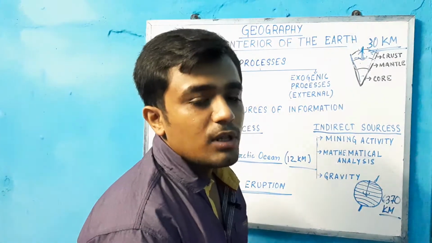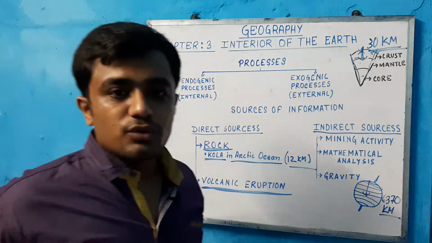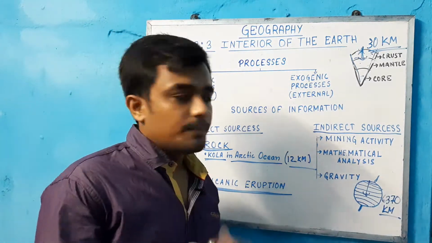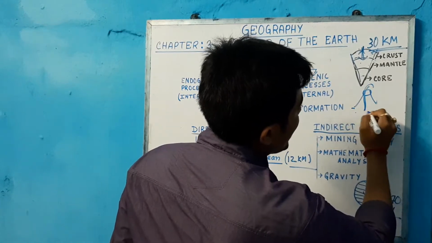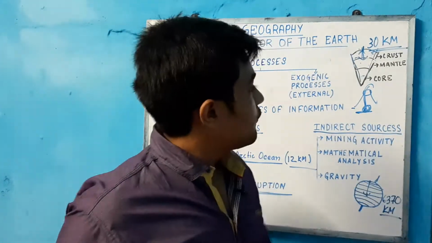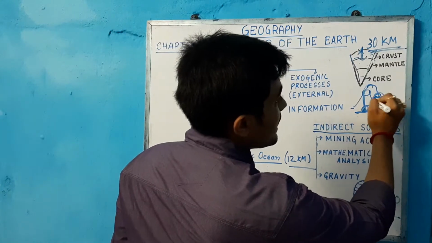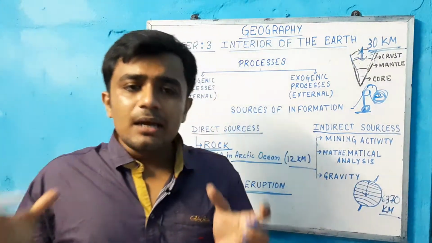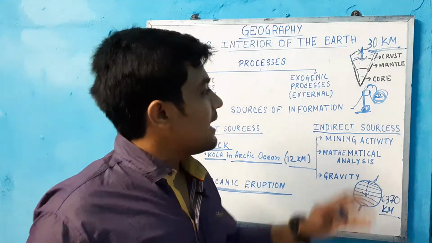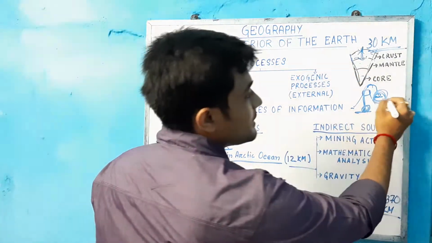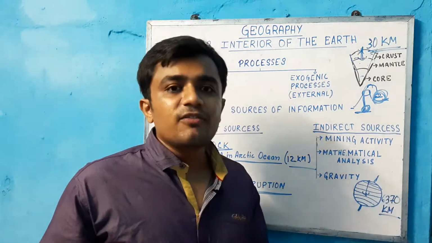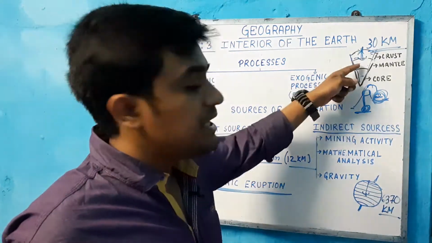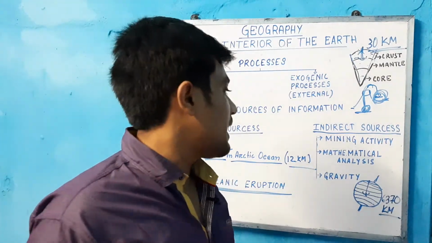Okay, and the next direct source is the volcanic eruption. Volcanic eruption is also very much important evidence as a direct source because magma comes out from the volcanoes direct from the inside of the earth. For that reason they give us some genuine information and earth scientists collect this magma sample and they experiment in their lab and give us some genuine knowledge about interior of the earth.